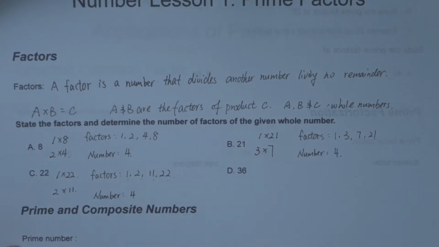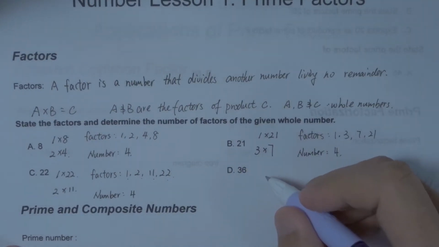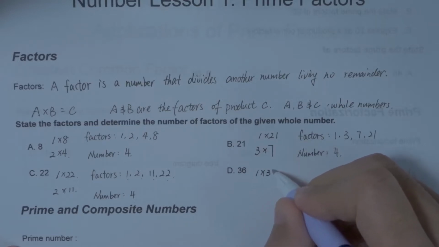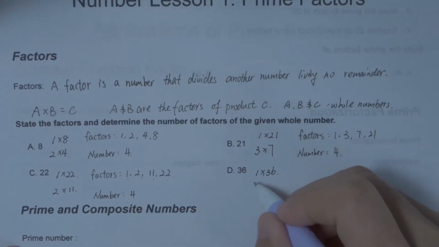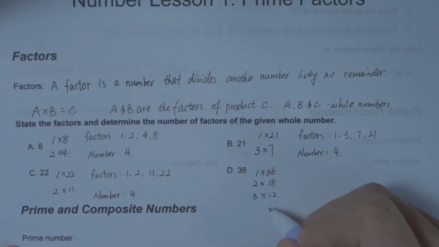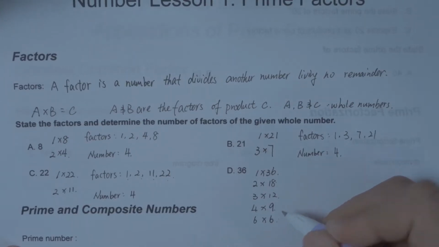Okay. And the next one is 36. The first pair is 1 times 36, second is 2 times 18, third is 3 times 12, the fourth is 4 times 9, and the last one is 6 times 6.